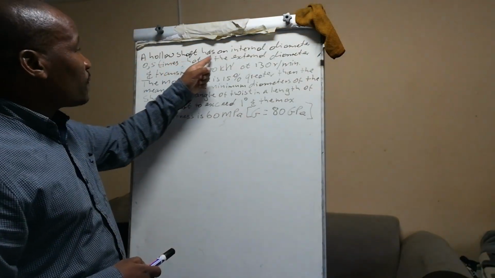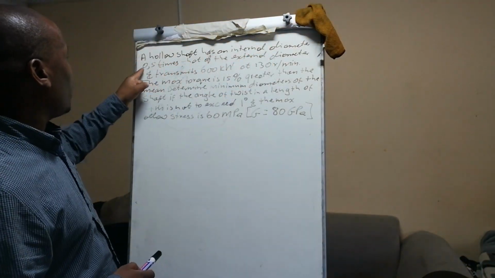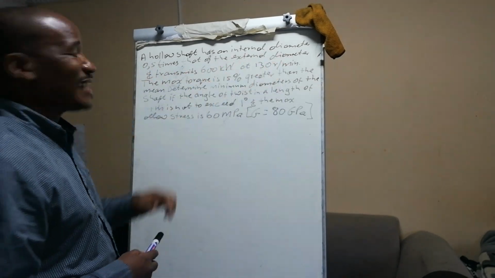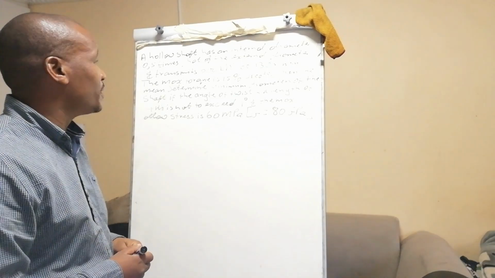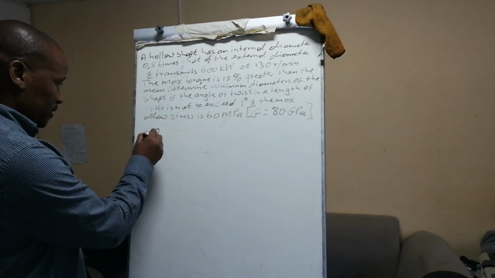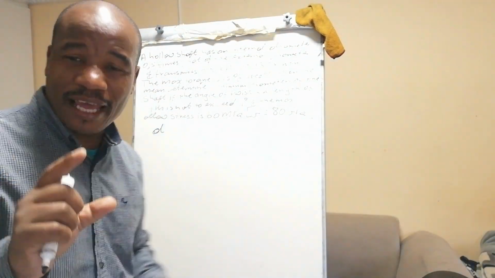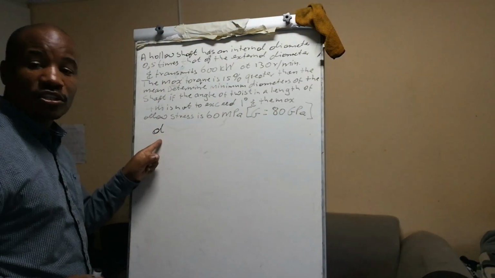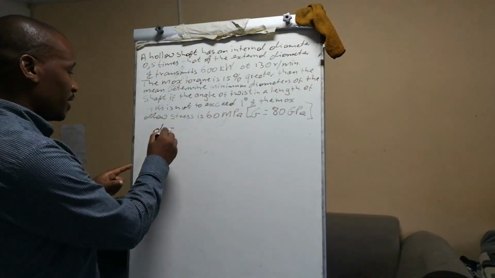A hollow shaft has an internal diameter 0.5 times that of the external diameter. What does that mean? The internal diameter is smaller than the external diameter, so I'm going to denote that with a small d.